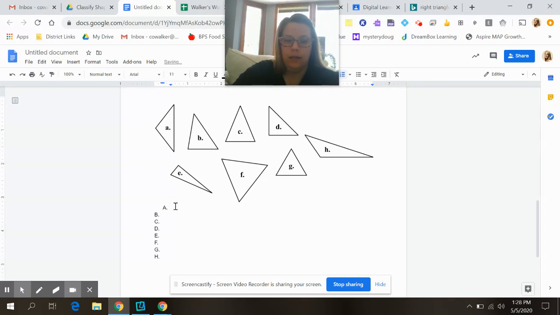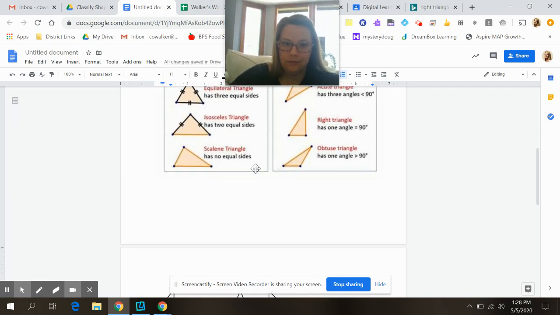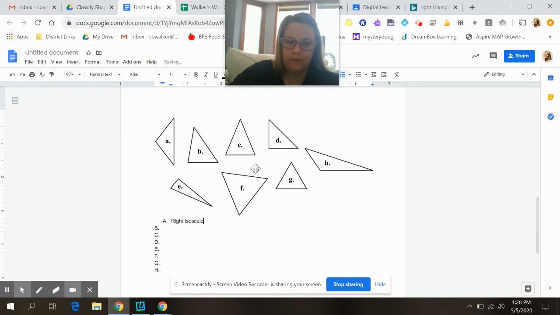So I would label it as right. And then there are no tick marks on these, but how many of these sides do you think are equal to each other? Two. So that means it's going to be a right isosceles triangle. So that would be A.